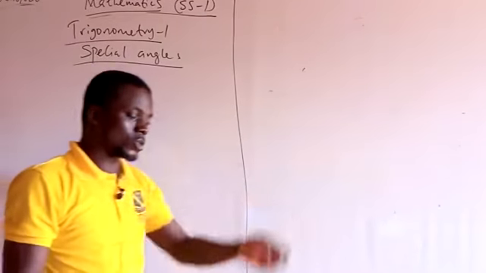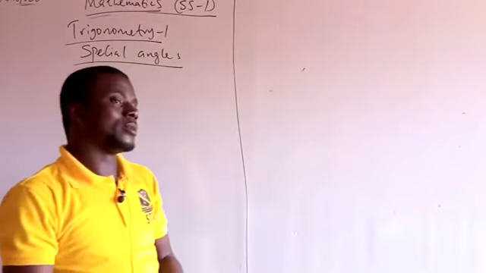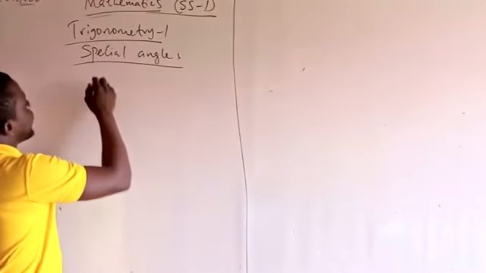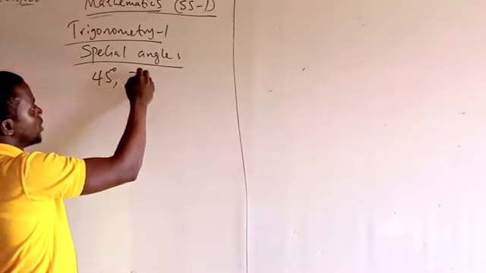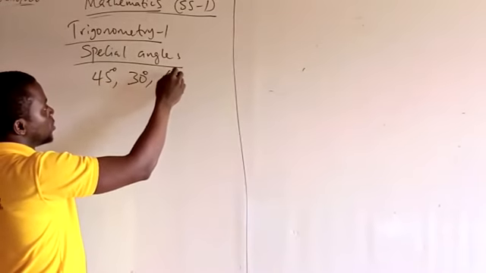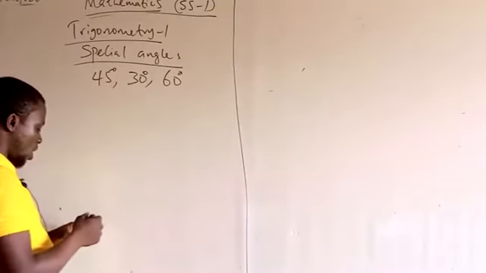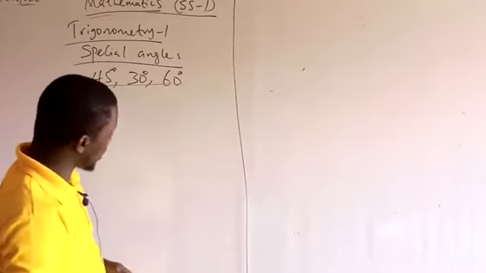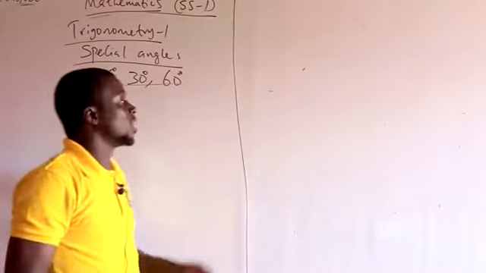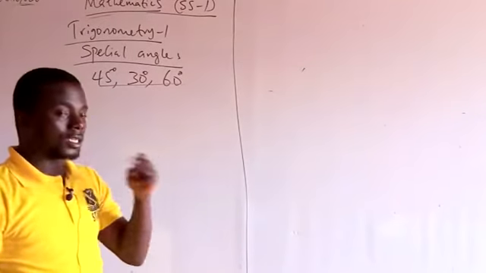So what are special angles? We have angle 45 degree as a special angle, angle 30 degree, and angle 60 degree. We also have another angle which is angle 90 degree. For the sake of the class, look at 45, 30, and 60 degrees.